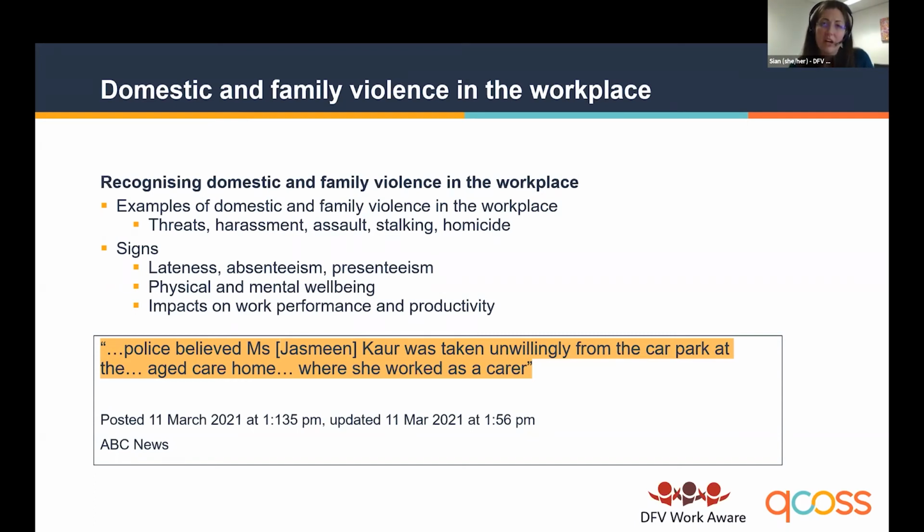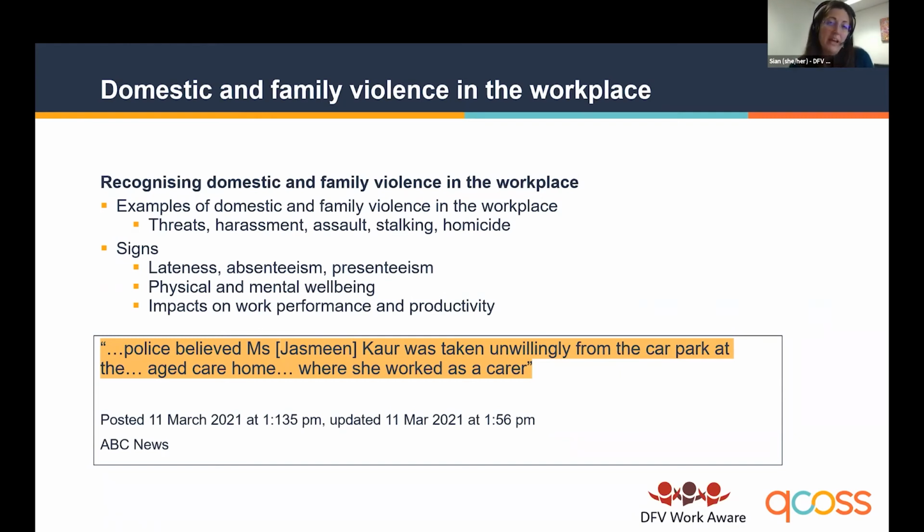Now, there are some signs that an employee may be experiencing domestic and family violence. Lateness or absenteeism is often a key sign, and that could be because the person has injuries that mean they don't feel able or aren't able to attend work, or they may actually be being prevented from attending work by the person who's using violence as a means of controlling them.